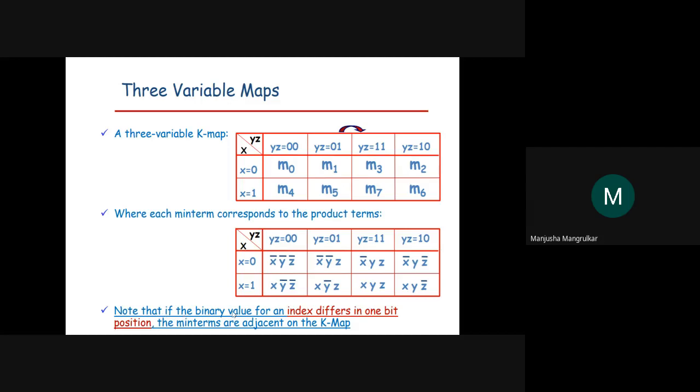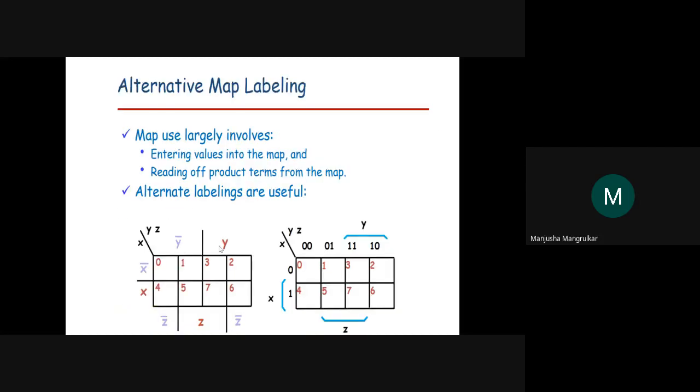Note that if the binary values of the indices differ in 1 bit position, the minterms are adjacent on the K-map, right? Now we'll see an example of how we do the grouping. Alternative maps are there, right? This is the alternate. Now if this 4 is a group, what is changing here? X is changing, y is changing, z is also changing.